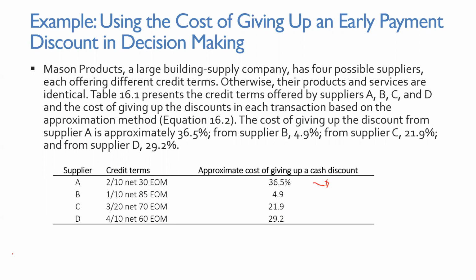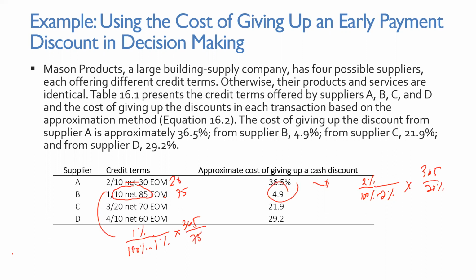For the first one, 2/10 net 30. So that's 2% over 100% minus 2%, times 365 over 20 days, which is the credit period. For the next one, that is 1%, so that's 1% over 100% minus 1%, times 365 divided by the credit period, from 10 days to 85 days, essentially 75 days.